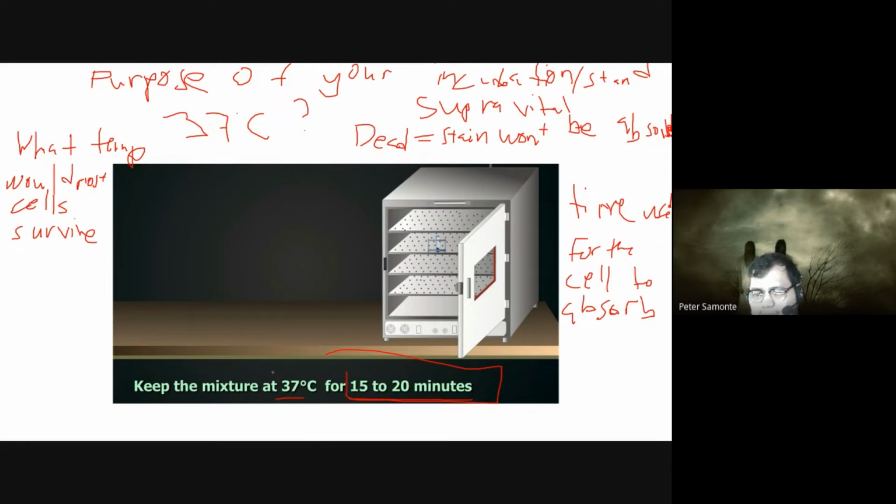But it is required at 37 degrees centigrade kasi nga you're using a supravital stain. So if the cell is dead, the stain won't be absorbed. Okay? So I hope you understood the purpose of the 37 degrees and the 15 to 20-minute incubating time.